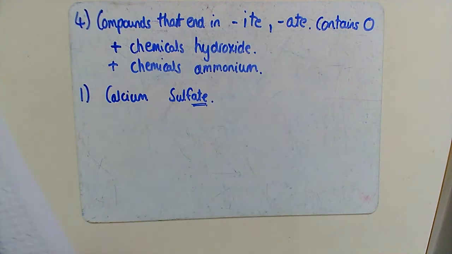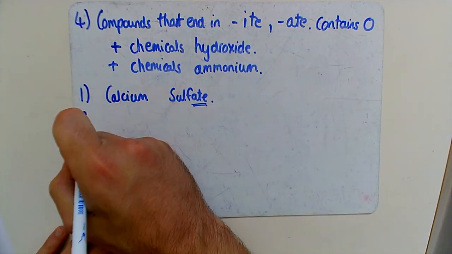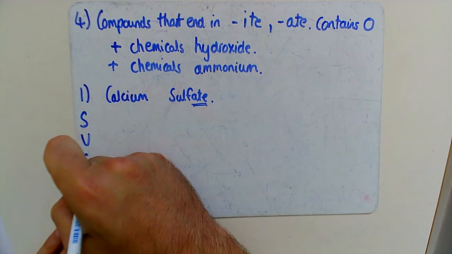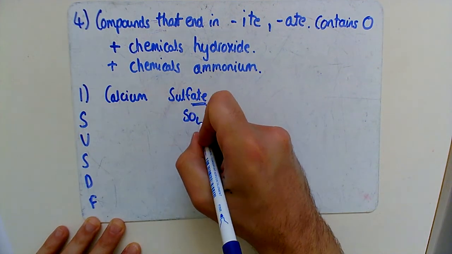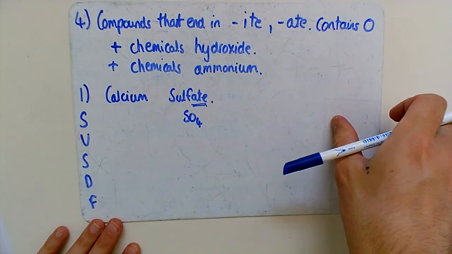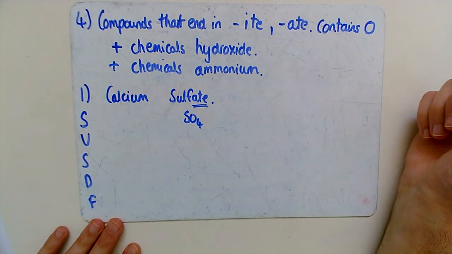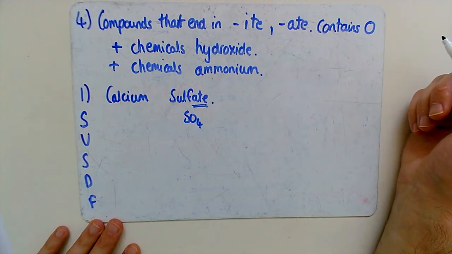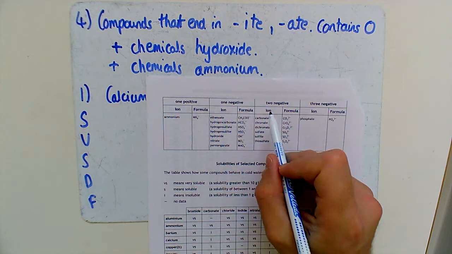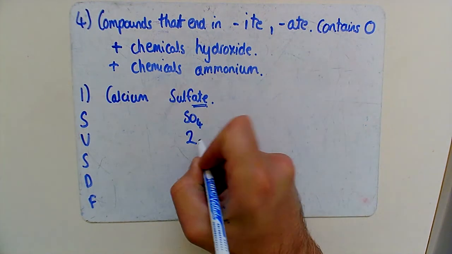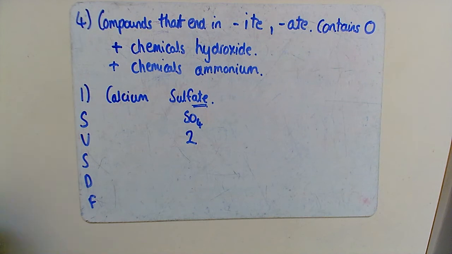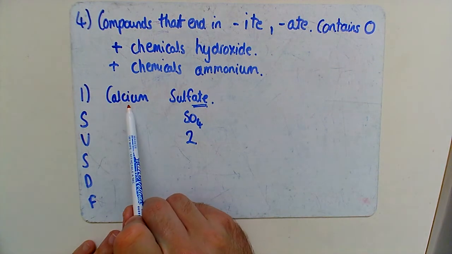And it's got a symbol of SO4. So a symbol of SO4, and because it was in the column 2 negative, that means it's got a valency of 2.